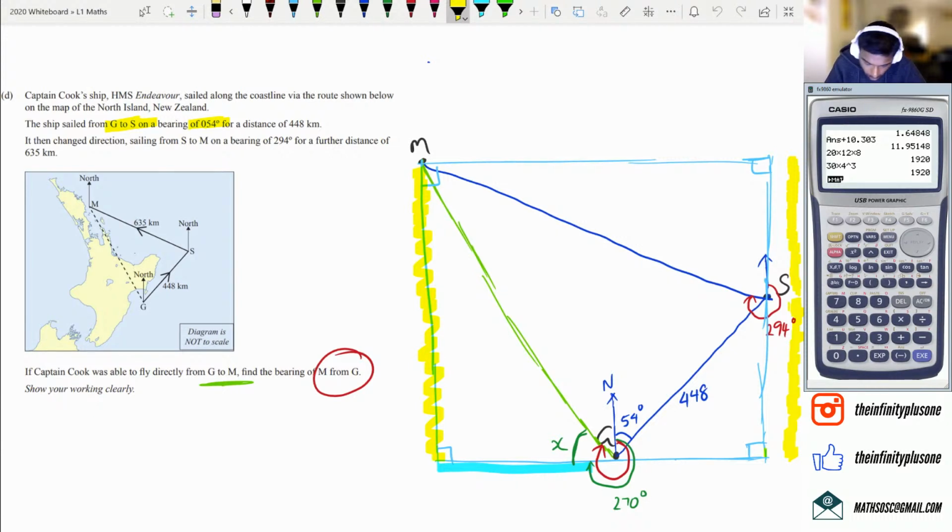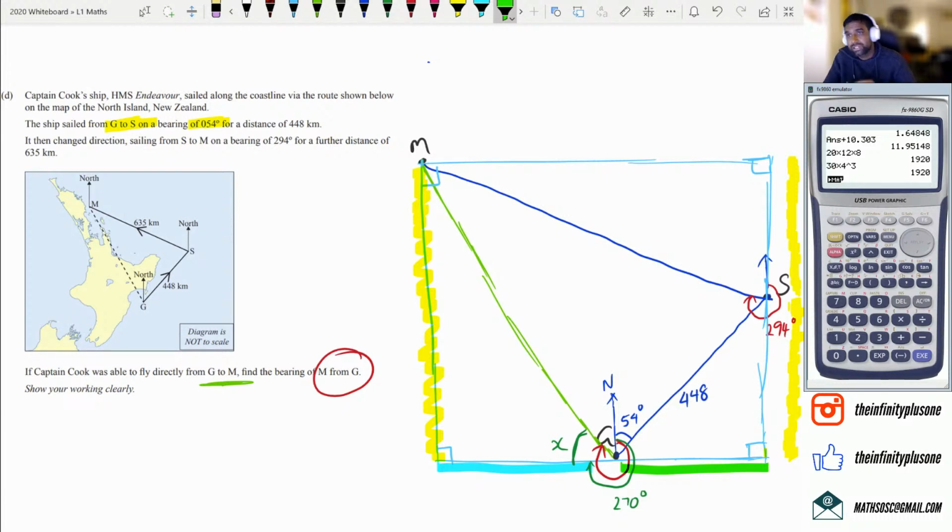And I can also work out what the blue part is, but to do that, I might need to work out this side here first. So basically, you just need to work out all four sides, regardless of how you see it, and then we can mess around with it.